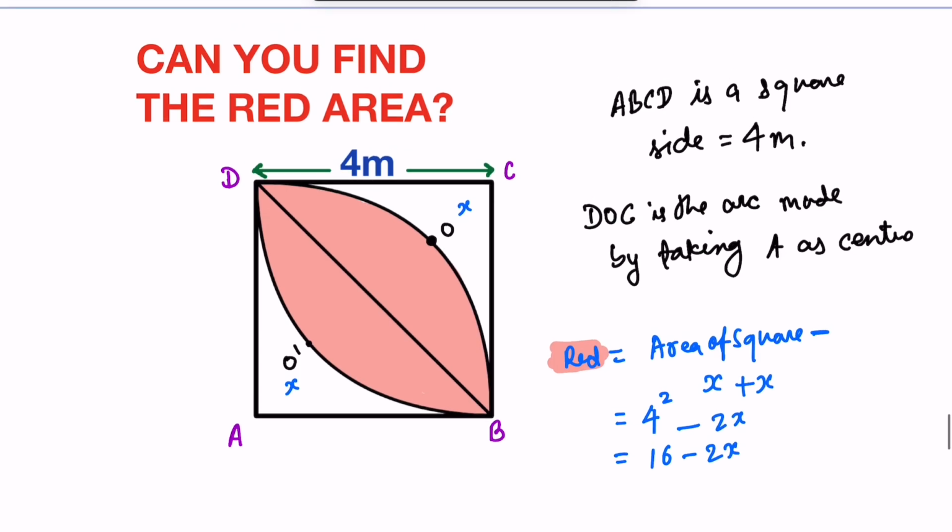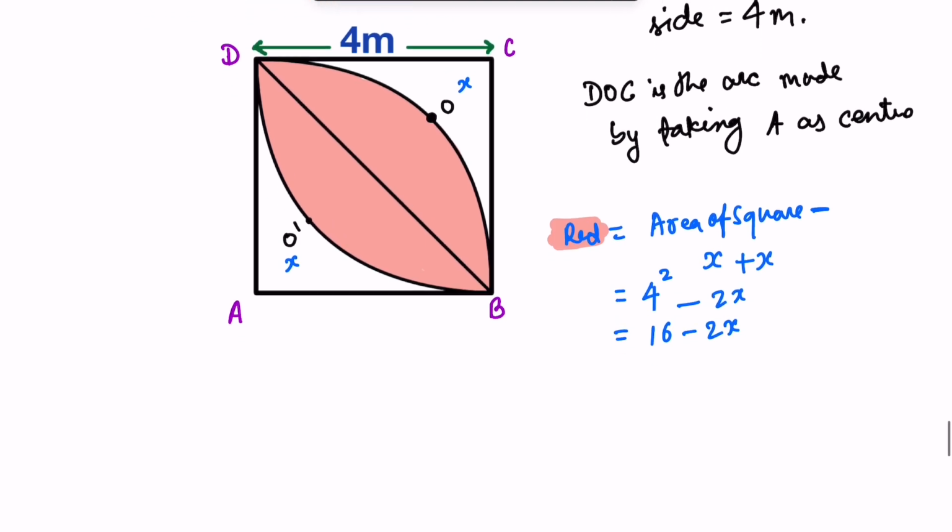Now we will find the value of x. How will we find the value of x? If we notice this x area, is this complete area of square minus this sector.